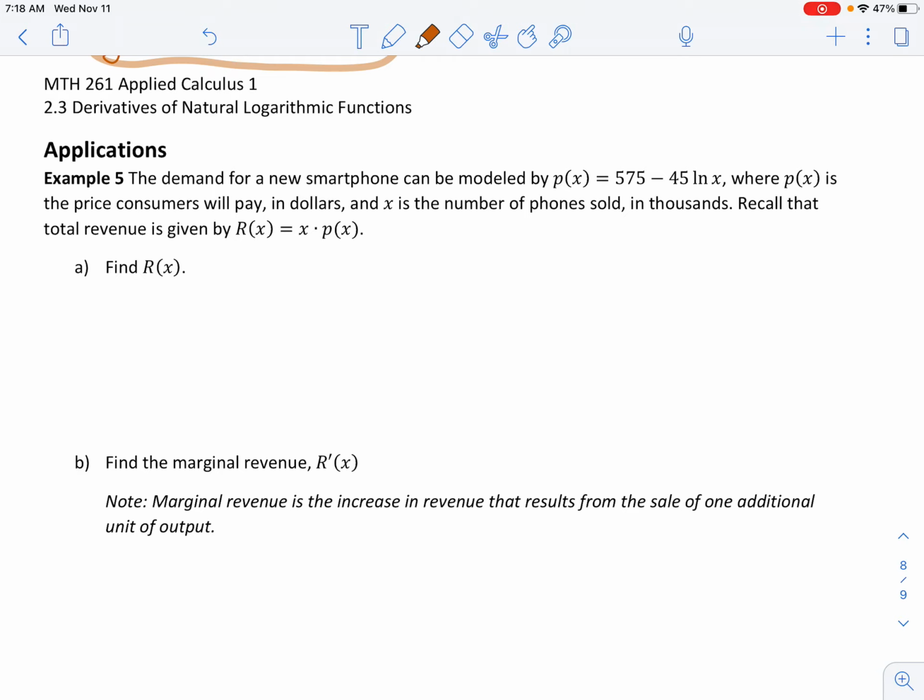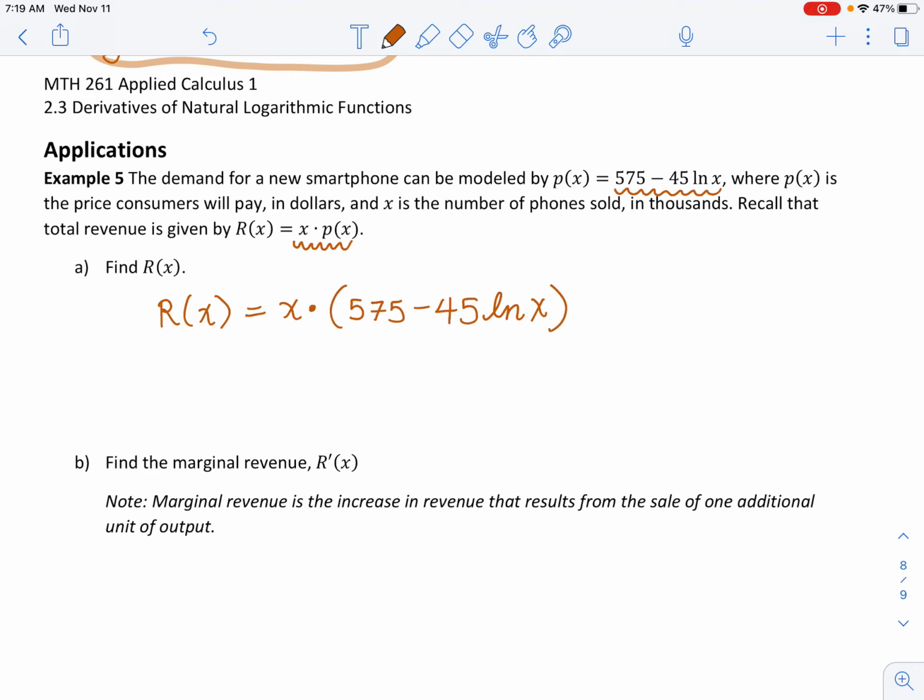They want you to find R of x first. R of x, they told us, is going to be x times P of x, right? And P of x is right there: 575 minus 45 natural log of x.